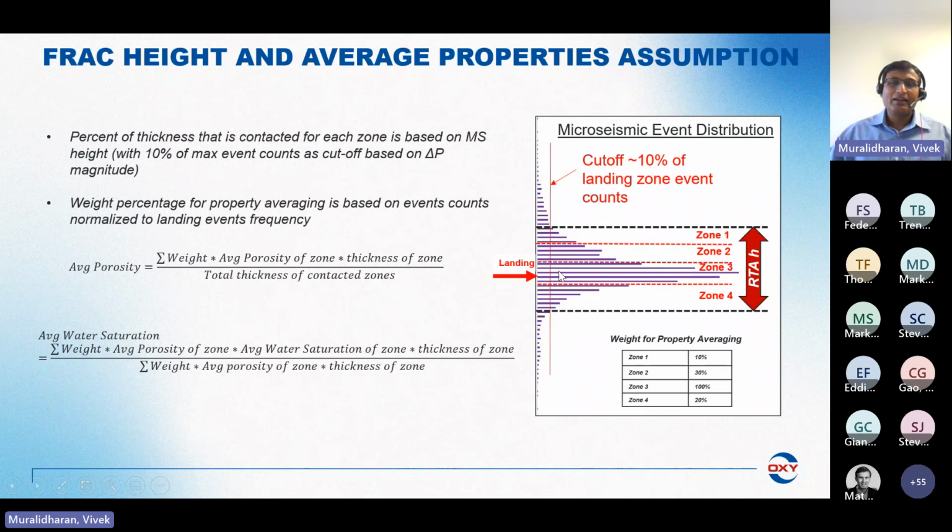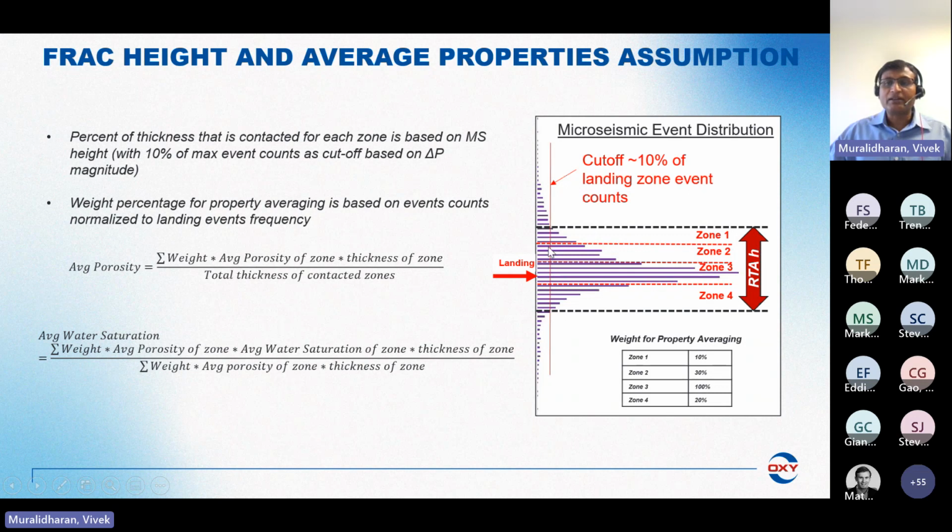If you use that, it matches almost 95% of your SRV drainage. There are small event counts in the top and bottom, and it comes out to be very insignificant drainage, so you can almost neglect those contributions.